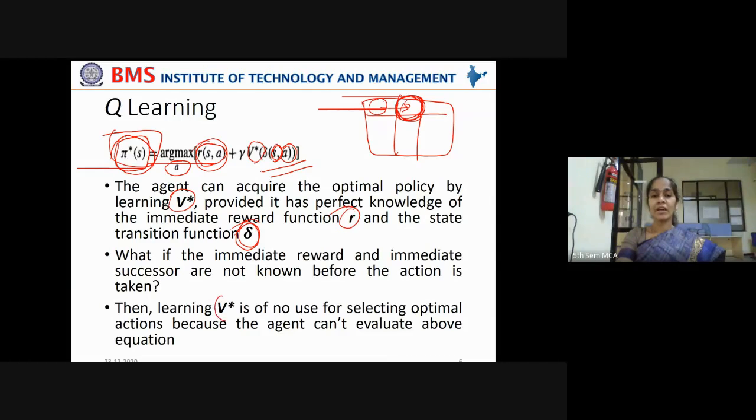Then learning V star will be of no use, because we don't know R, we don't know delta. Then what is the use of calculating cumulative rewards value? It is of no use for selecting optimal actions, because the agent can't evaluate this equation. When it can't evaluate the equation, it can't calculate the control, it can't design the control policy. It doesn't know what sequence of actions have to be taken.